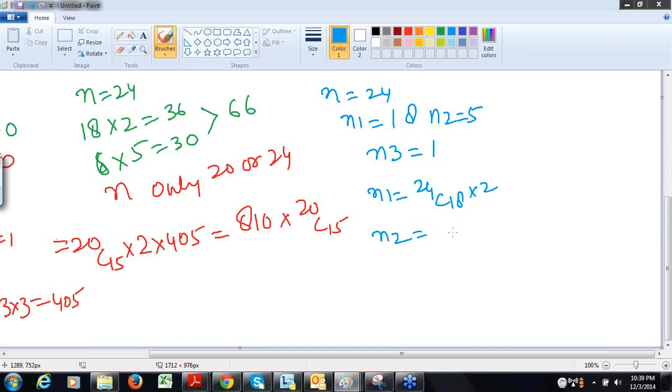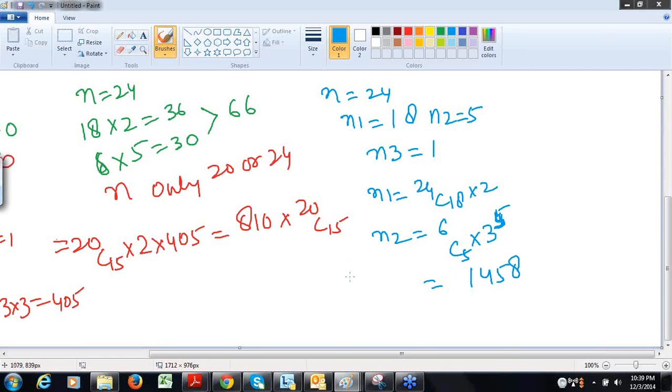For n2 we have 6, so 6C5 into 3 to the power 5, which is equal to 1458.